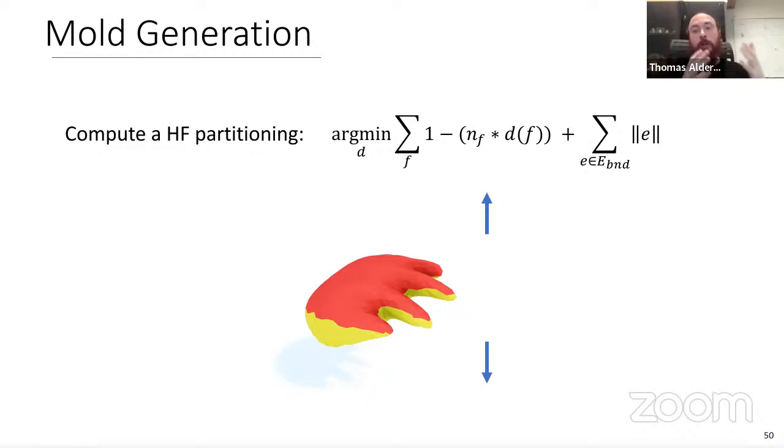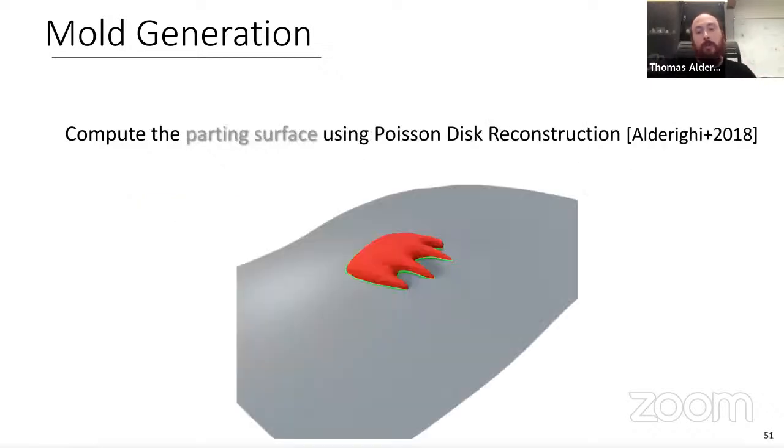And also, we do so focusing on a smoothness factor that minimizes the boundary length of this decomposition, to keep the parting line of our rigid molds as simple and smooth as possible. From this parting line, we then automatically generate the parting surfaces of the two-piece molds using Poisson disk reconstruction, as we introduced in our previous paper, MetaMolds from SIGGRAPH 2018.